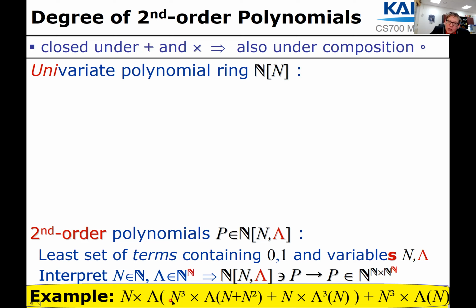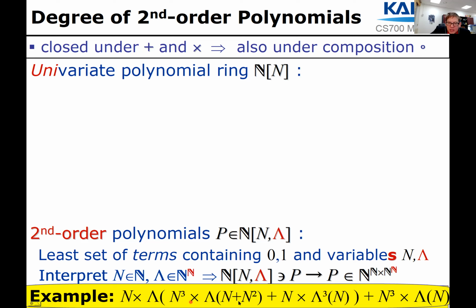So let's have a closer look at this argument to the second order variable lambda, which is again here the sum of two terms. And the second term is now the product of the natural number variable with the second order variable lambda cubed applied to the natural number argument n.